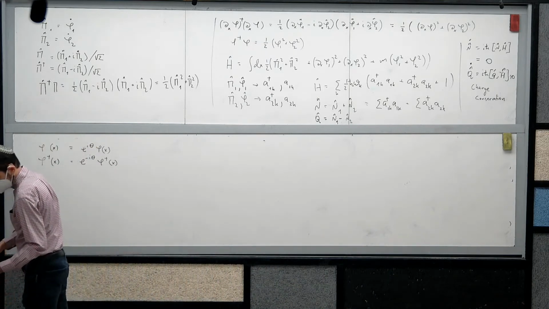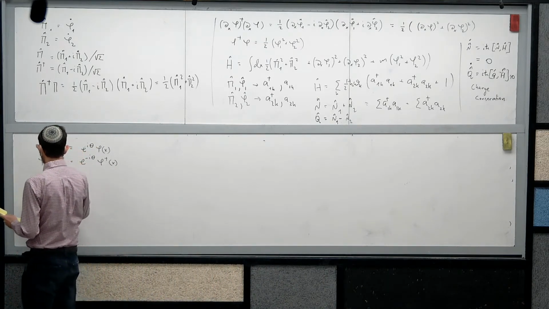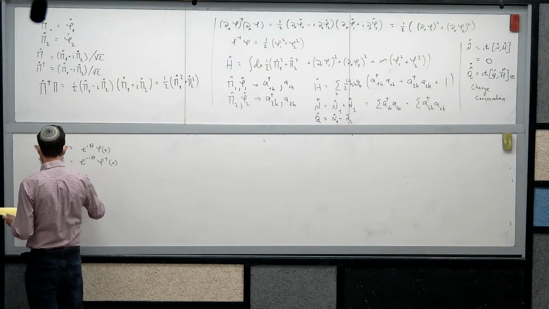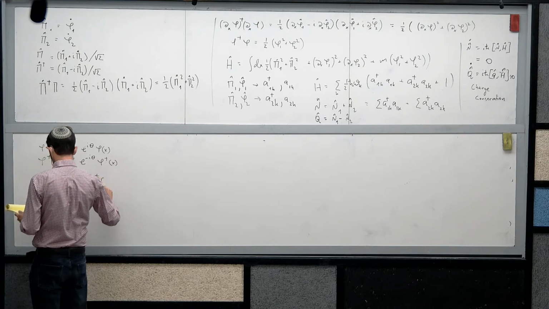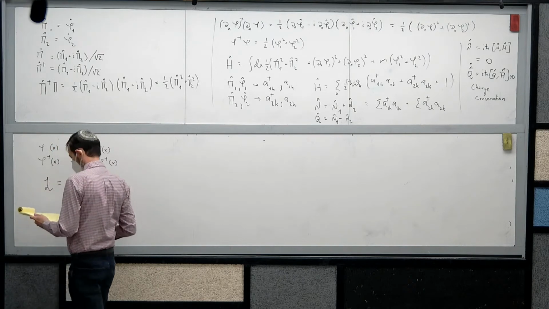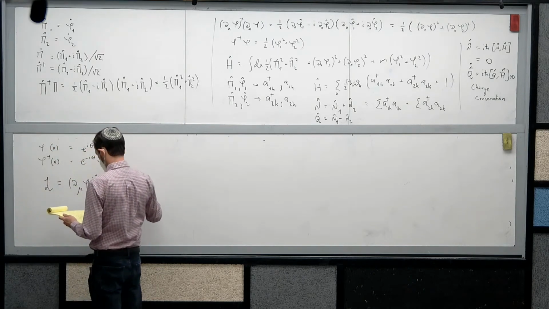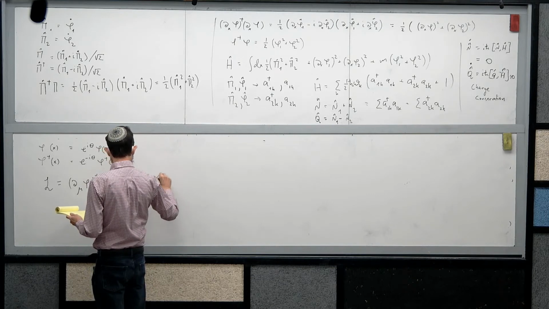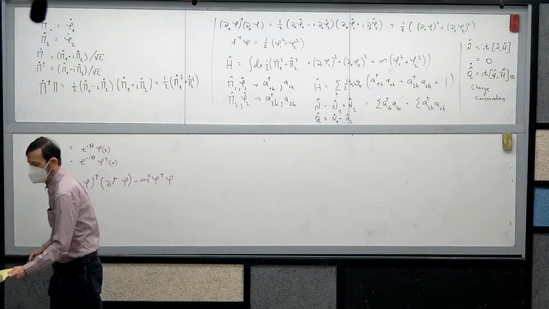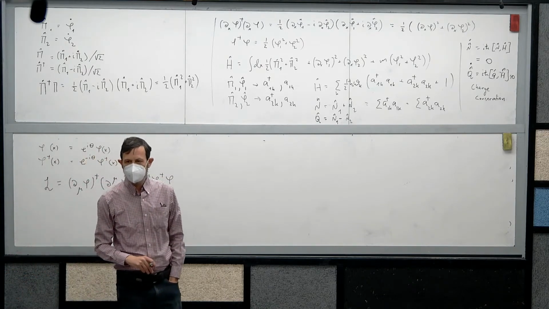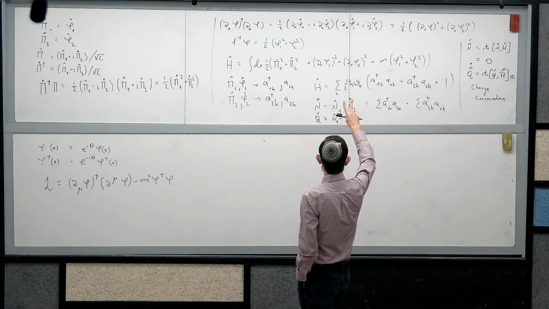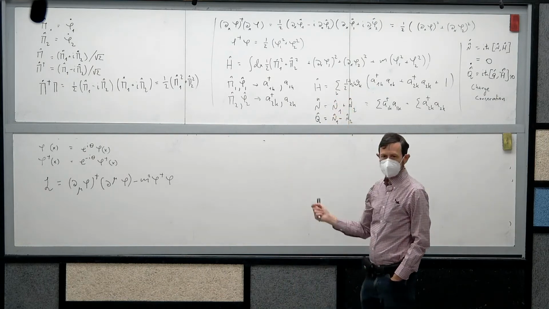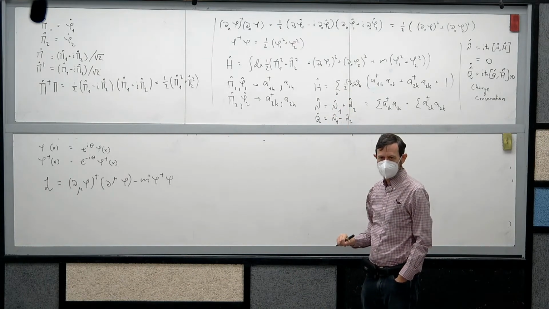Okay, so I'm writing down the Lagrangian. You can start screaming, 1 minute, we had 3 terms. Why are you writing down here only 2 terms?